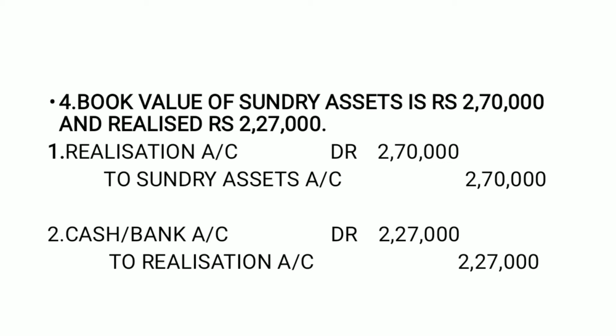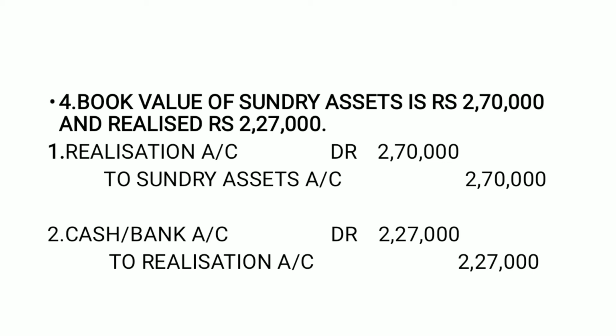So, the first journal entry for closing the accounts of sundry assets: realization account debit 2,70,000 to sundry assets account 2,70,000. Then it says cash and bank account debit 2,27,000 to realization account 2,27,000.